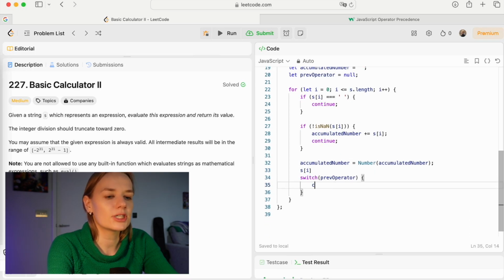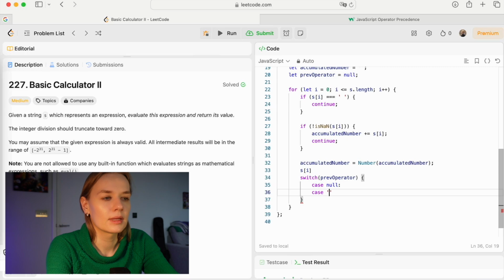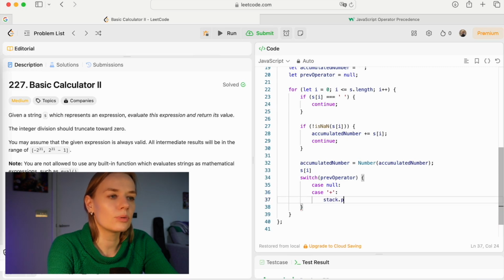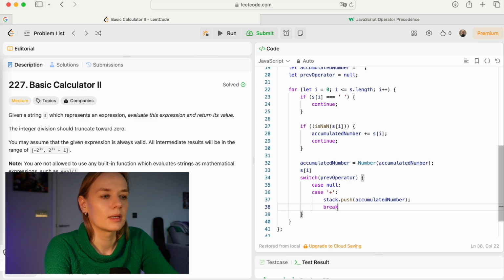Okay, and here we do case if it's null or if it's plus. We just need to say stack push accumulated number, and after it just break, because case falls through. We don't do break here, which means that when we meet it here, we go to the next case.